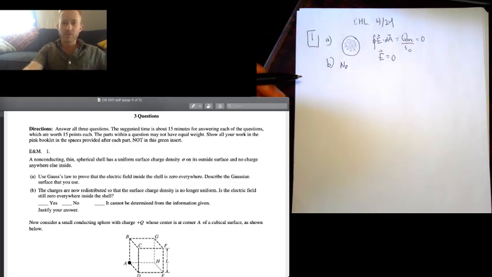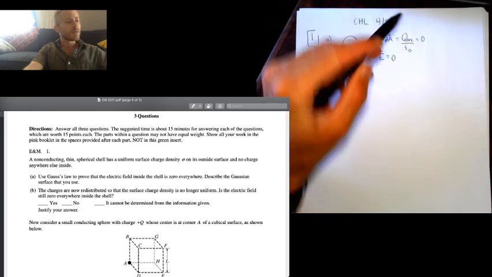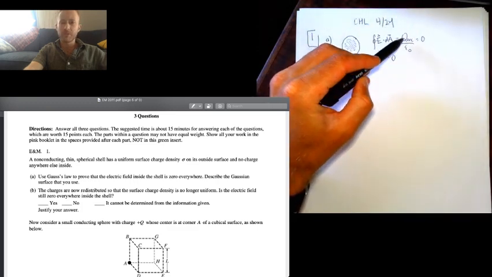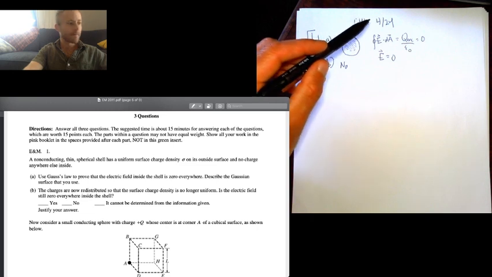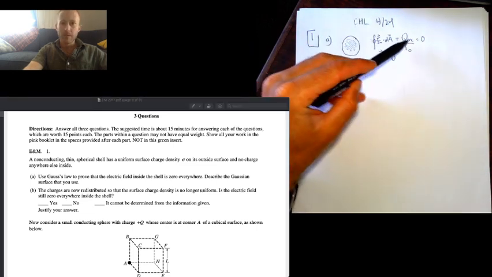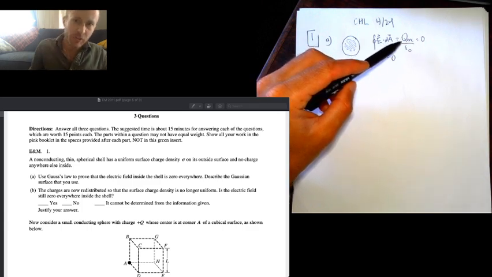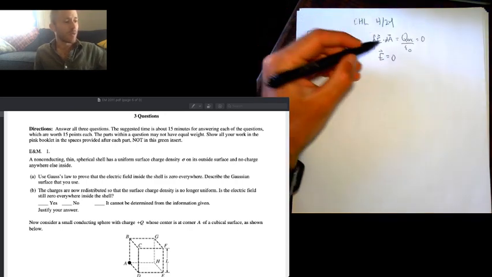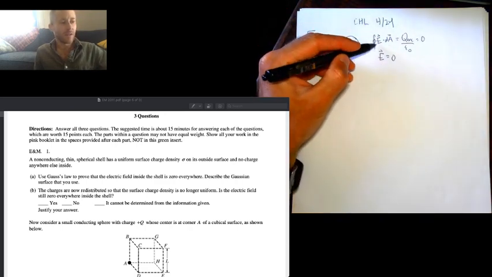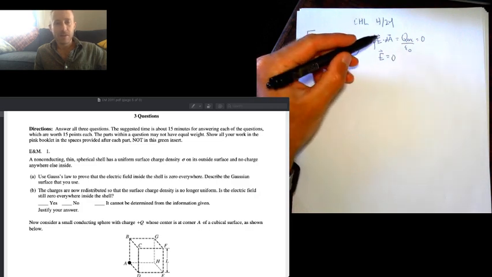So why would I say that? Well, you would still have that the charge enclosed is 0. However, there are other ways of making the integral of E dot dA equal 0.